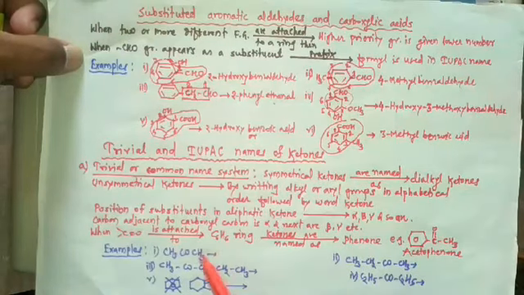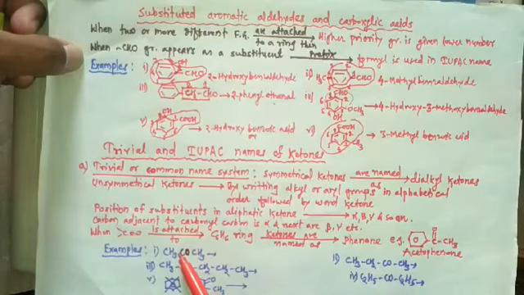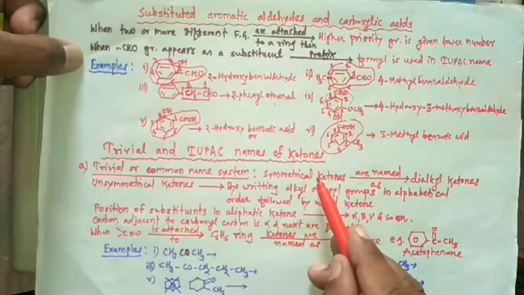Take one example here. So this is the ketonic group, and to this ketonic group 2 methyl groups are present. So same alkyl groups are attached to the carbonyl carbon. That's why it is an example of symmetrical ketone.